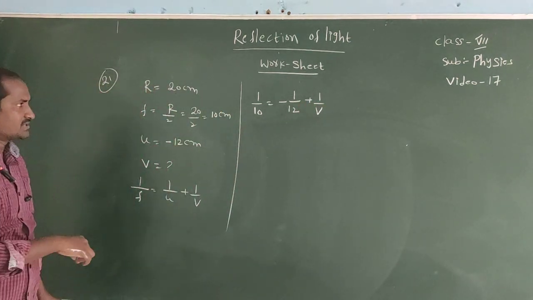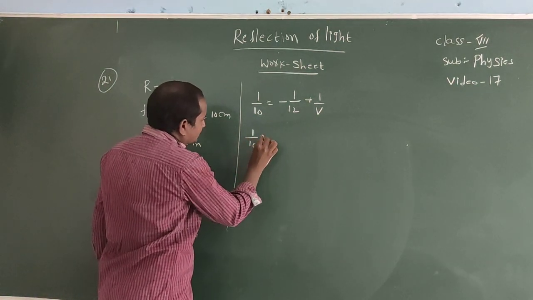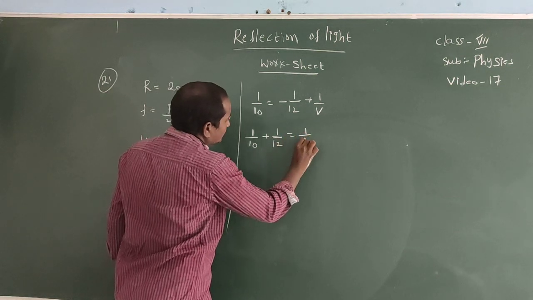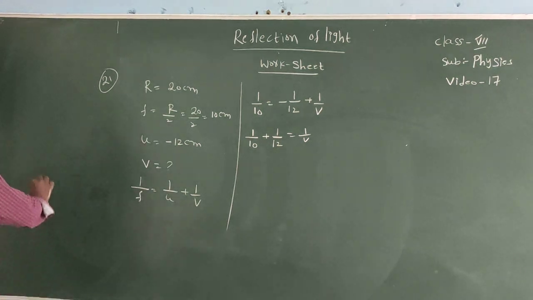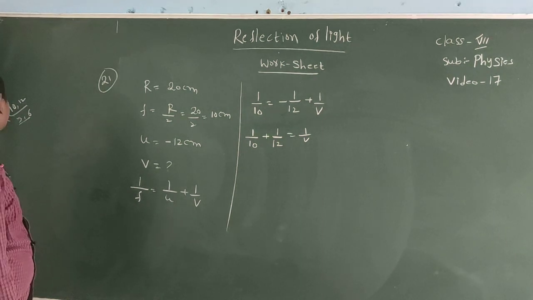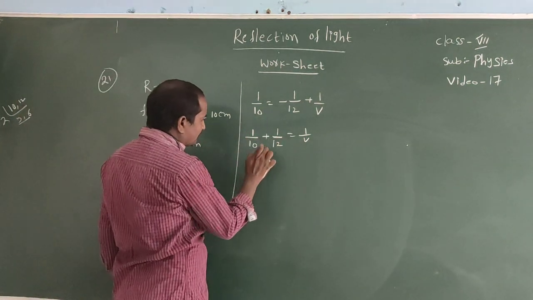Minus 1 by 12 coming to the other side becomes positive, so 1 by 10 plus 1 by 12 is equal to 1 by v. The LCM of 10 and 12 is 60. Here 6 times, here 5 times.